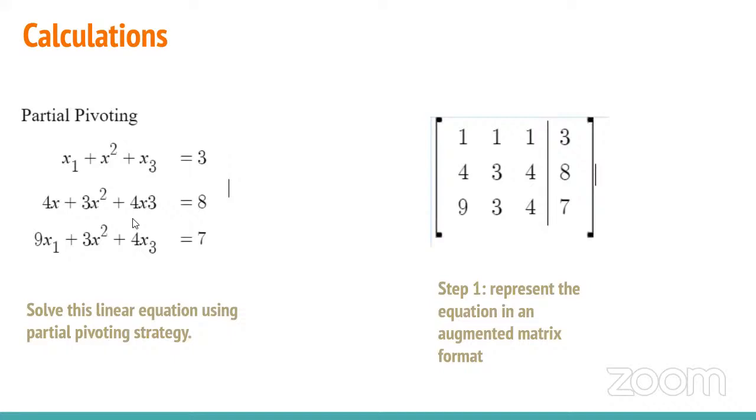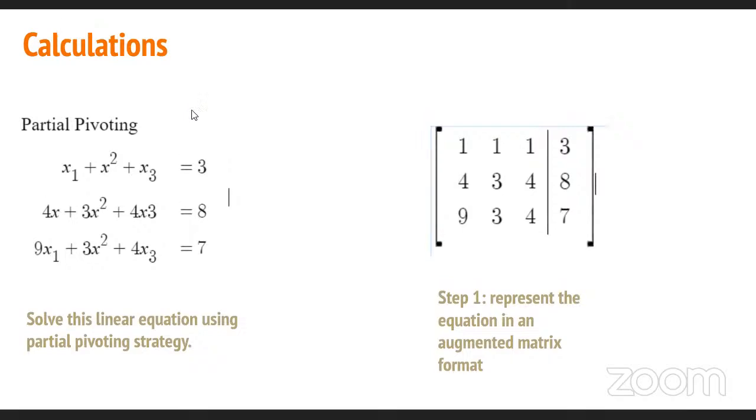Okay, sir. That was a mistake on my part when I was creating the matrix into an equation. So this is x1 plus x2 plus x3. It is not x squared or anything. It is x1 plus x2 plus x3 equal to 3.